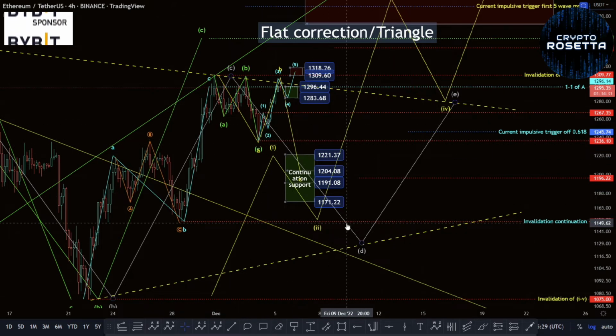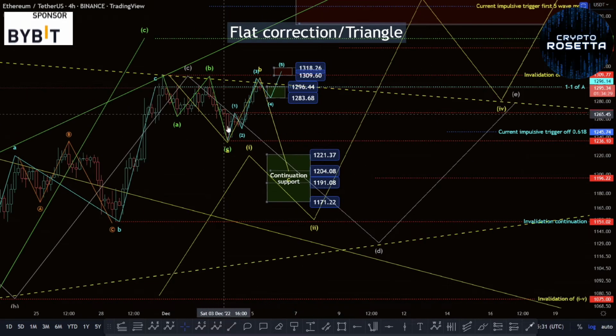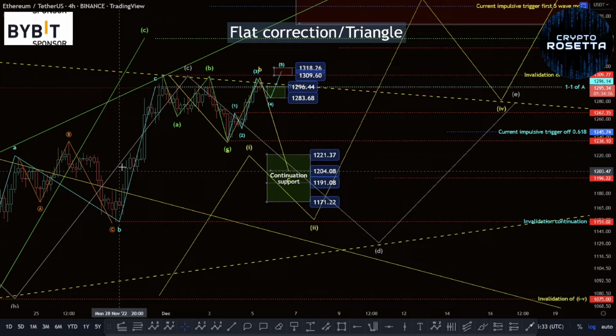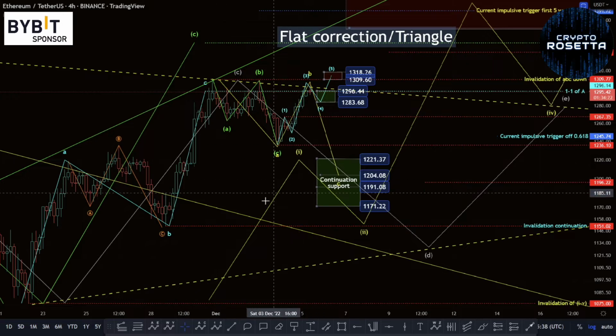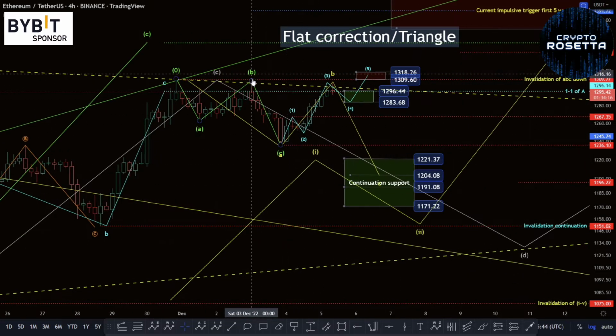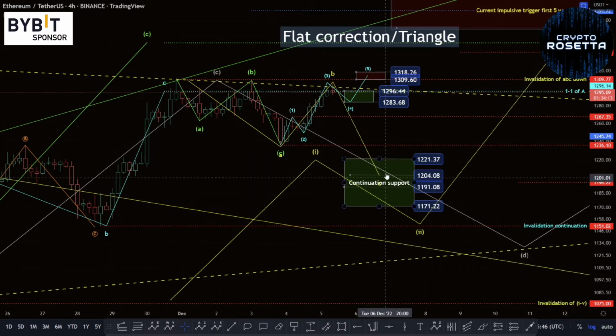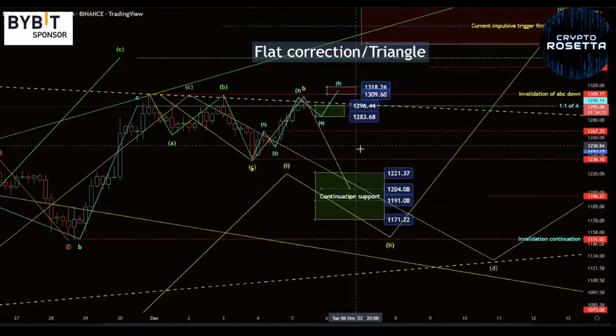So we'll keep an eye on it, but it's looking less likely that we're going to develop into a triangle here, unless there's something within my wave counts that I'm not seeing at the moment, and that basically we start the move here and then we look to form impulse to the downside from this point here.